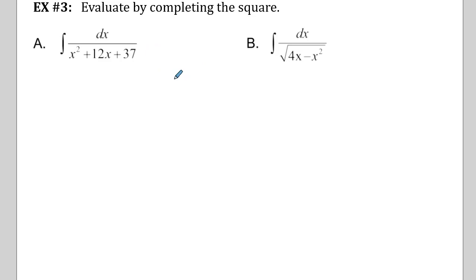So in this case, we might shoot for completing the square so that we have a sum or difference of squares, and then perhaps we can use one of our inverse trig functions to get to the answer.